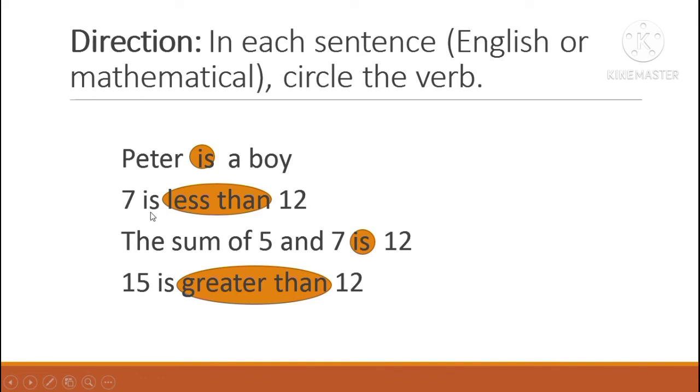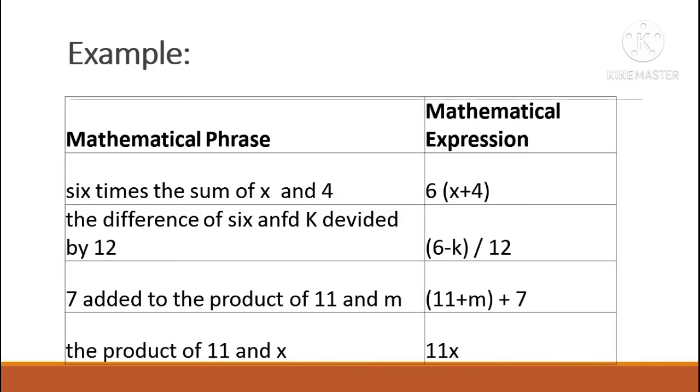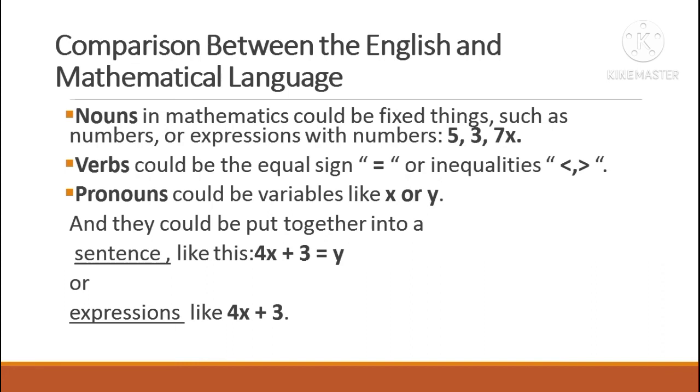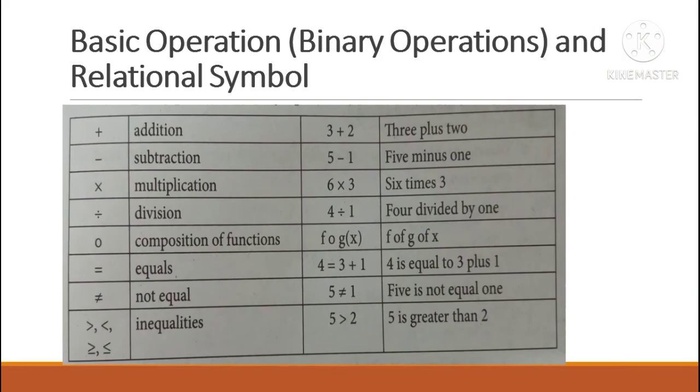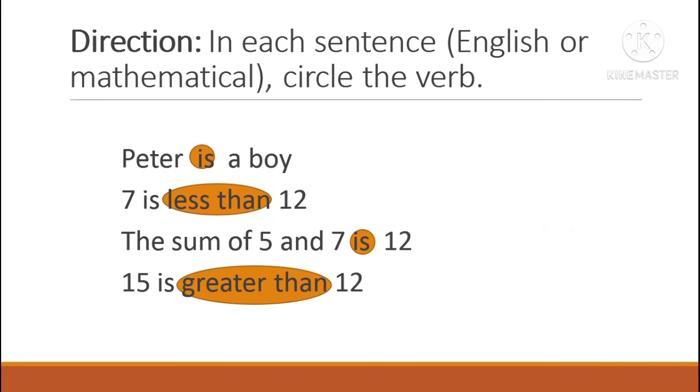We can say just less than, or is less than as a whole, that is our verb. Also, the sum of 5 and 7 is 12.